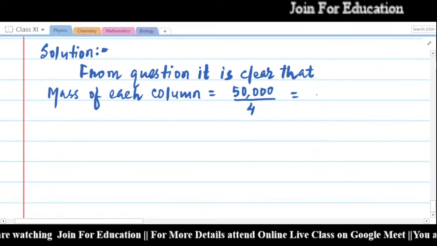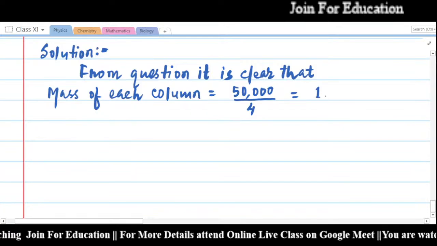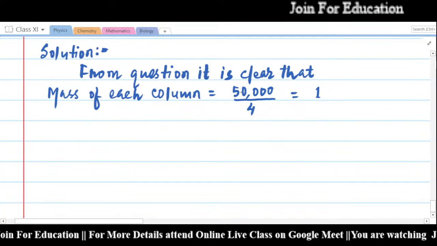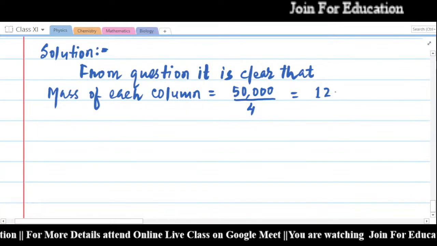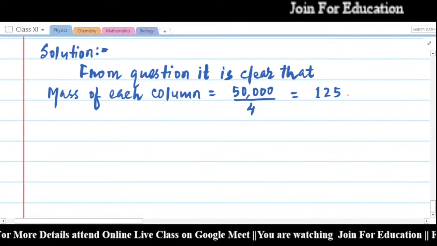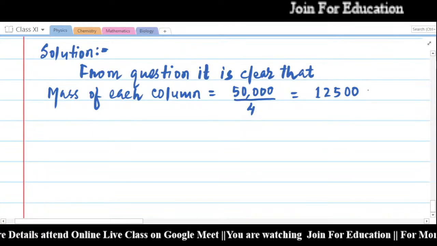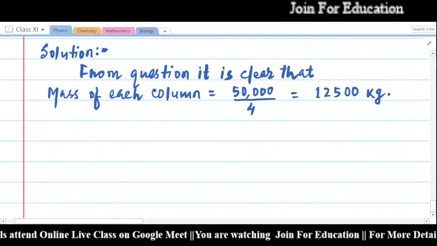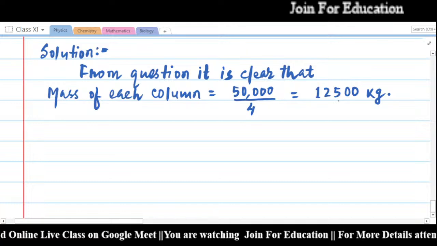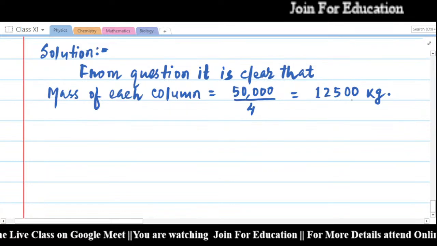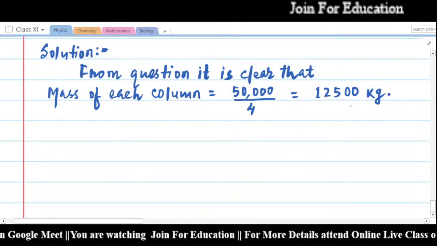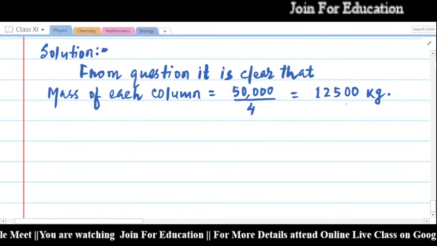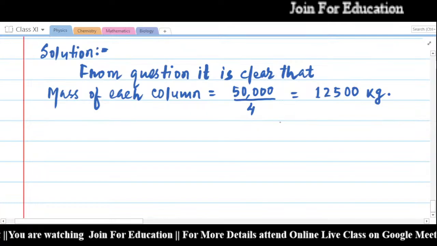So this one will be 4 1s are 4, 4 2s are 8, and 4 5s are 20, and we write down here 12,500 kg. There is no problem to understand up to this step, the mass of each column.